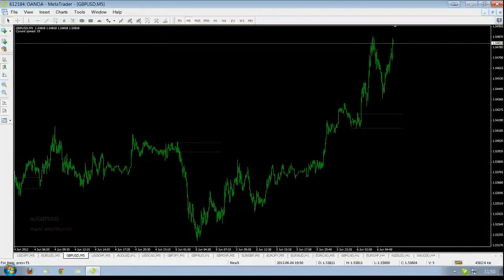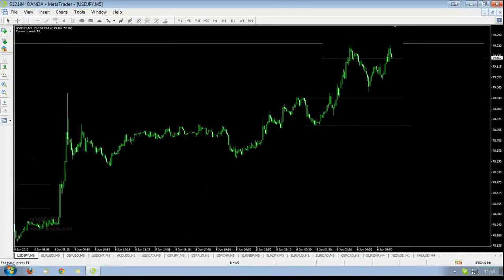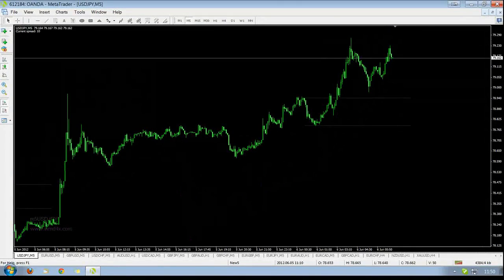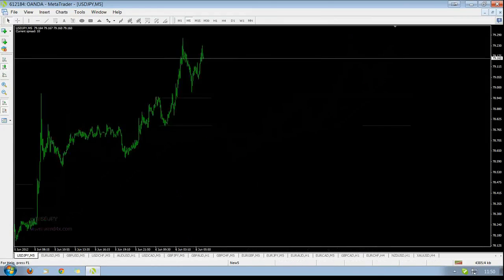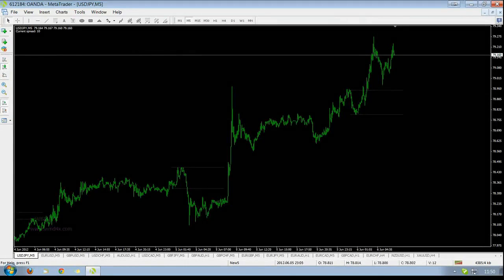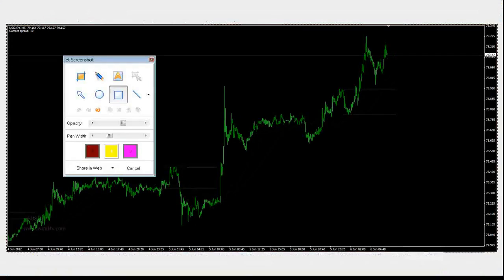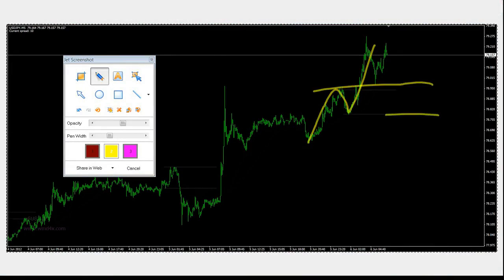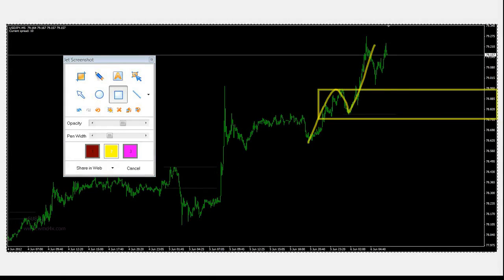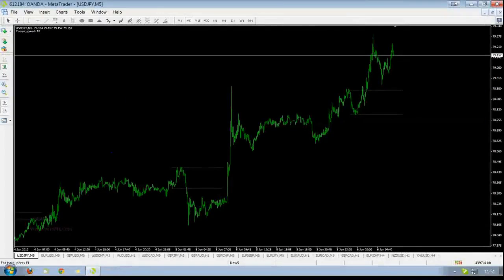What else did we look at? We looked at USD JPY. I think we looked at the larger block here. Is that the block we looked at? All right, hang on. If we look at, I'm just going to go back and see what we looked at.